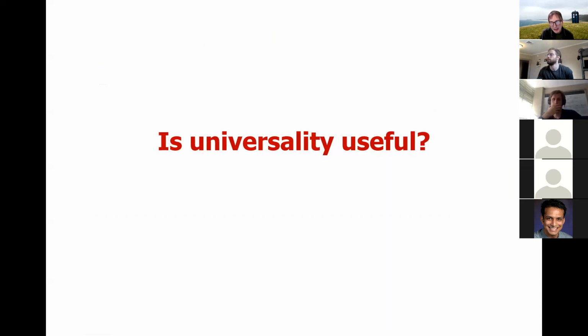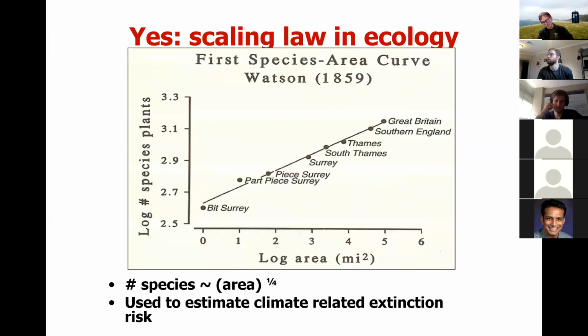So is this universality, of which I've shown you just a couple of examples, useful? Well, one answer would be, yes, it is useful. So here's an example of another scaling law in biology. This one was made by bird enthusiasts living in England in the 19th century. People in England like to do bird watching.